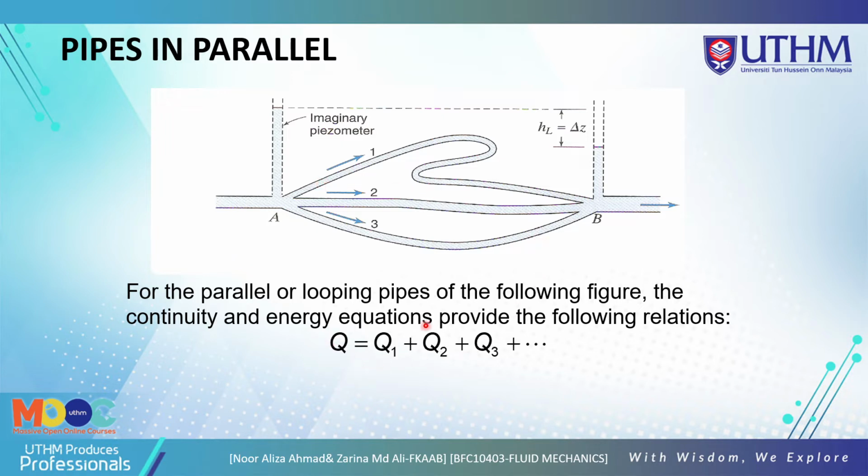This is using the basic assumptions of pipes in parallel. You must know that the total Q in this pipe is Q1 plus Q2 plus Q3, so you get this formula.